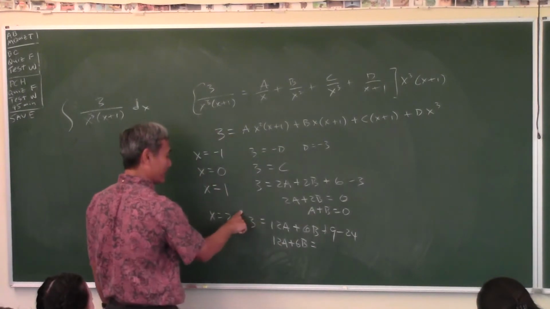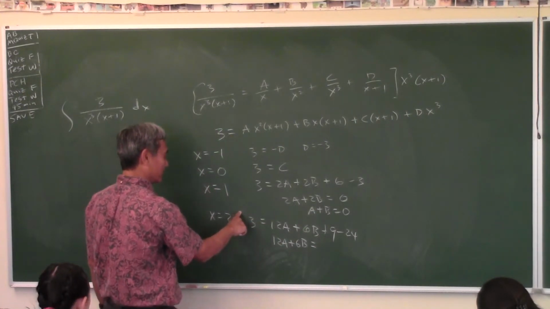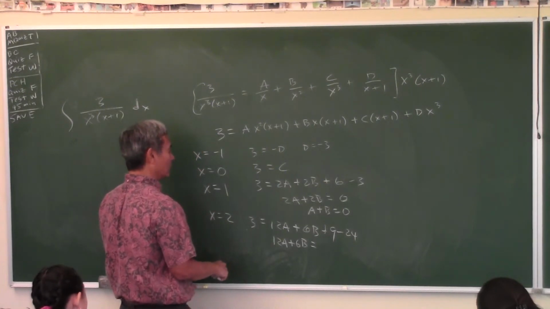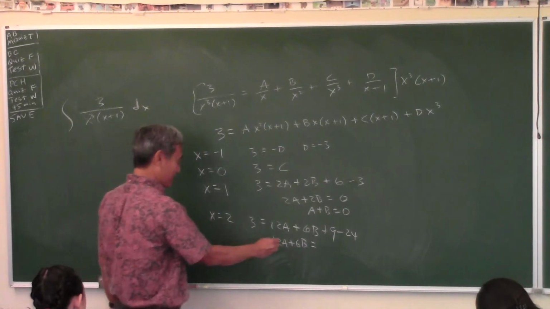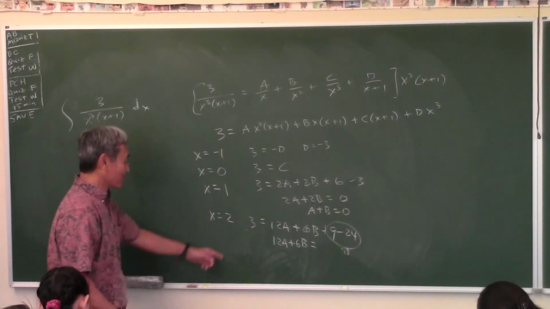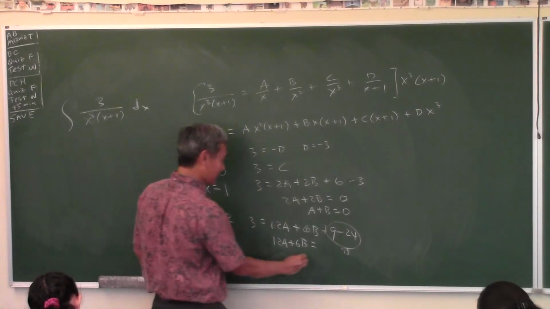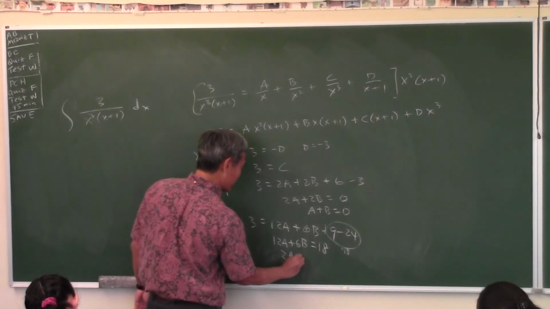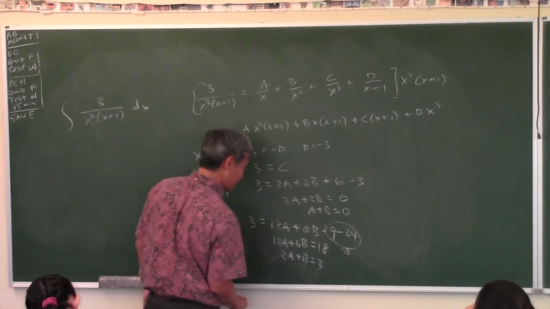Move it on this side. Add 15 to both sides. This is negative 15. If I add 15 to both sides, 18. Divide through by 6. 2a plus b equals 3.